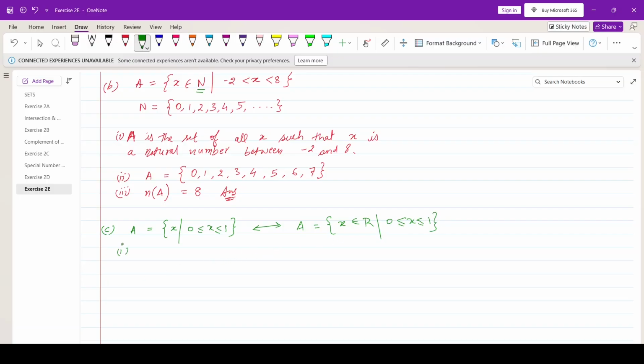Now, for part 1, the notation means A is the set of all x such that x is a real number between 0 and 1, including both.